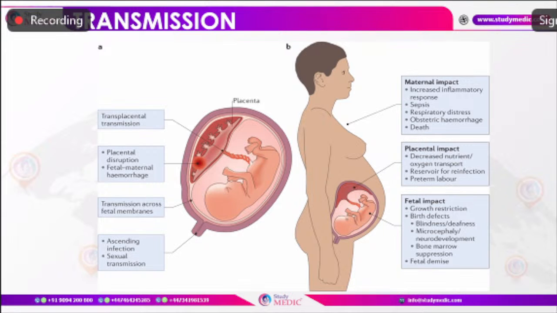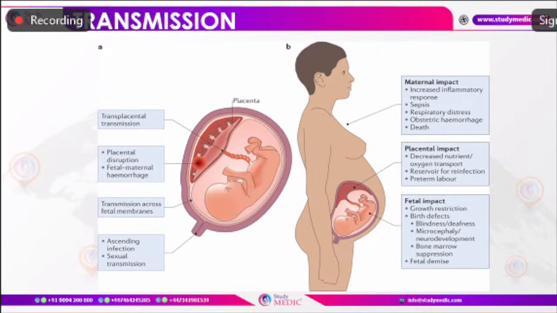In the mother, the impacts of these infections can lead to sepsis, respiratory distress, obstetric hemorrhage, and in very serious conditions, it can even cause maternal death. In the placenta, when these infections enter, the oxygen carrying capacity and the nutrient carrying capacity of the placenta gets reduced, and also the placenta acts as a very good reservoir for reinfections. So the chances of repeated infections are very common, and this in turn can lead to labor also.